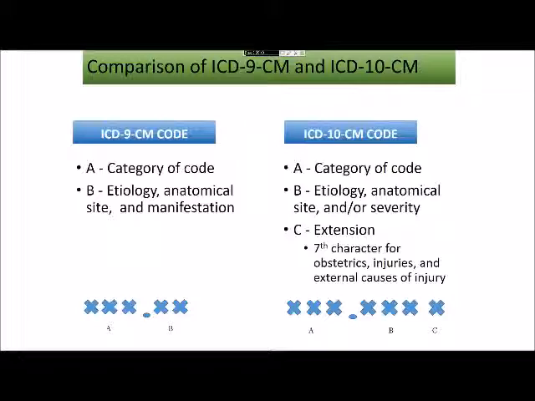And the ICD-10-CM code contains Part A, Part B, and Part C. Part A is category of code. Part B is etiology, anatomic site, and severity. Part C is extension. 7th character of obstetrics, injuries, and external cause of injury.